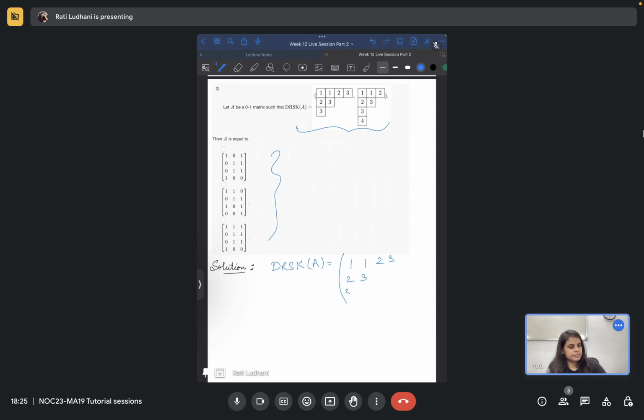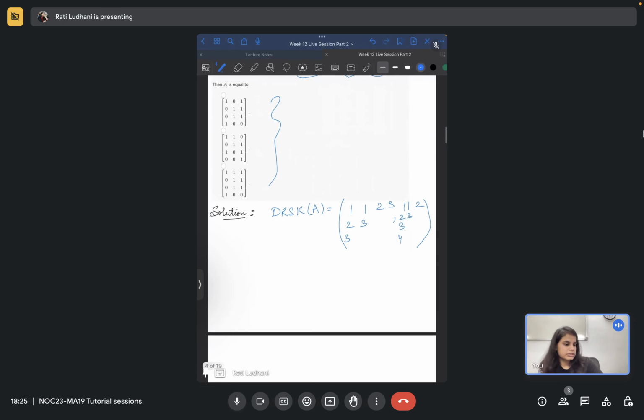Okay. So we have this 2 3 3 4. Now as you can see, we have this. So this is P, this is Q. So we should start with P dash. P dash is equal to 1, sorry, 1 2 3 1 3.